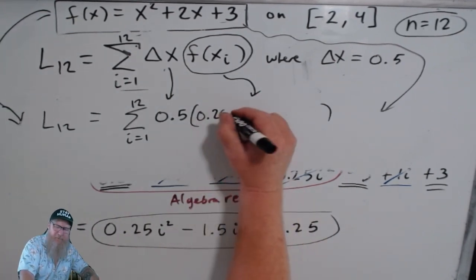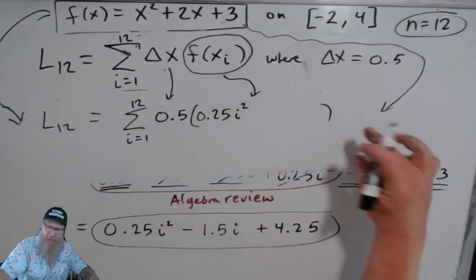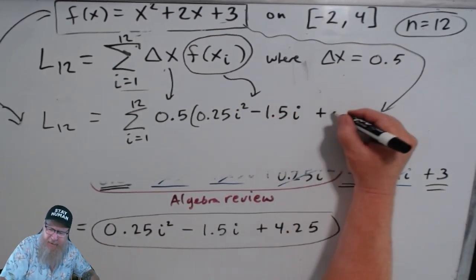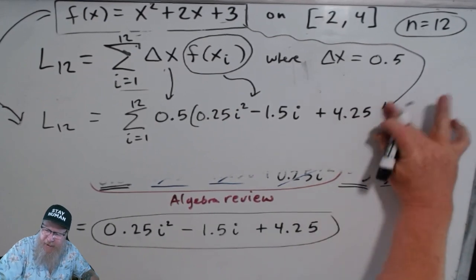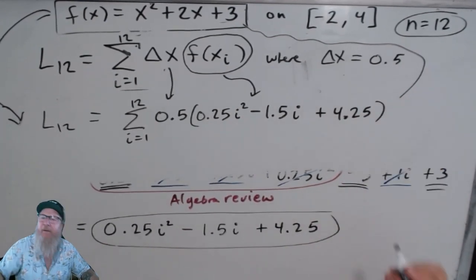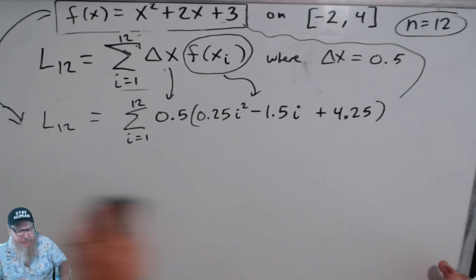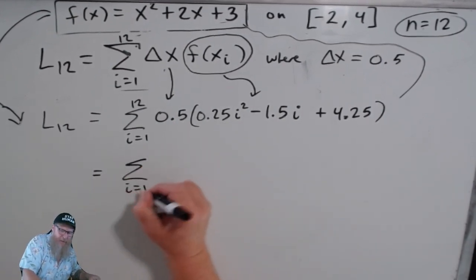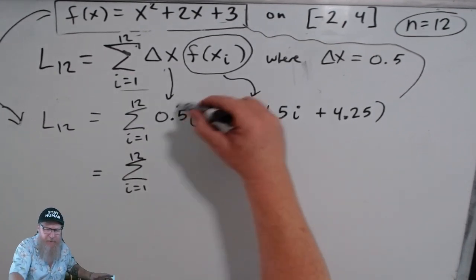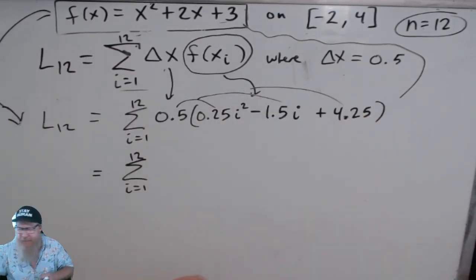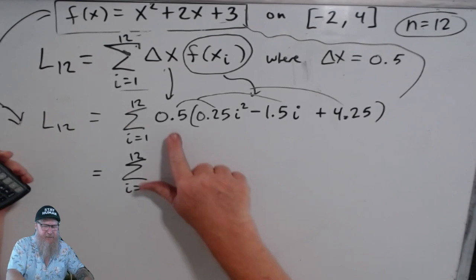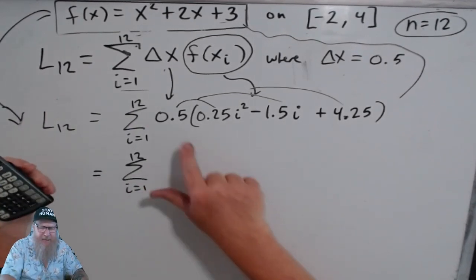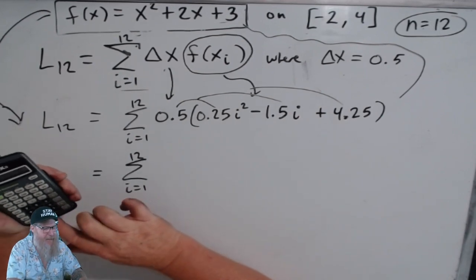So 0.25 i squared minus 1.5i plus 4.25. And I don't need any of this anymore. So that's the sum from i equals 1 to 12. Go ahead and distribute that. It's funny because I'm going to distribute it, and then in the next step, I'm going to pull it out anyway. But I just want to combine some of these decimals.